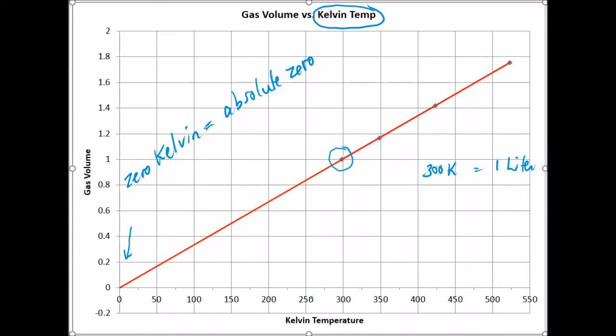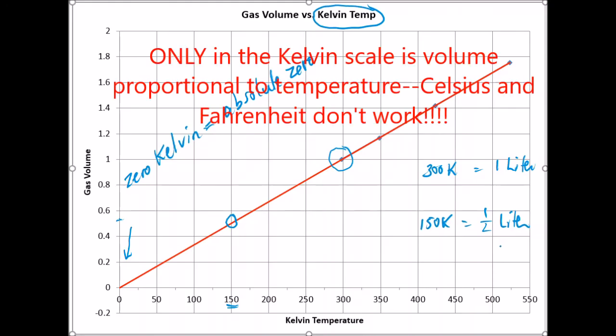What happens if we cut the temperature in half? That would make the temperature 150 Kelvin. You can see that the volume now is half. 150 Kelvin. Half a liter. Isn't that convenient? You halve the temperature and you halve the volume. It is proportional.